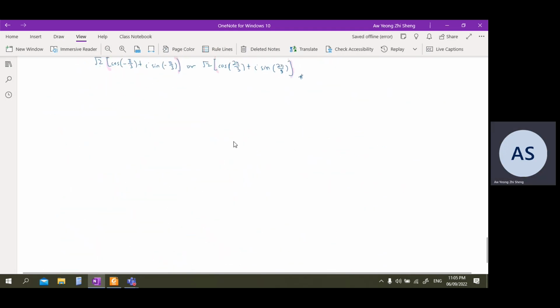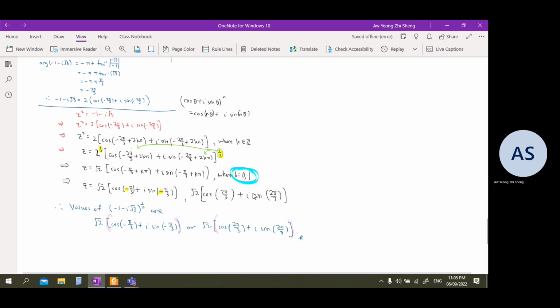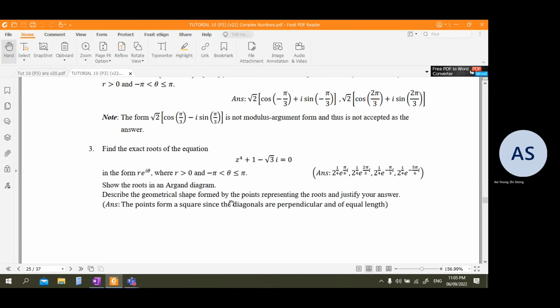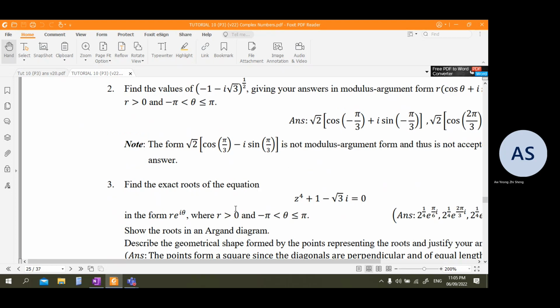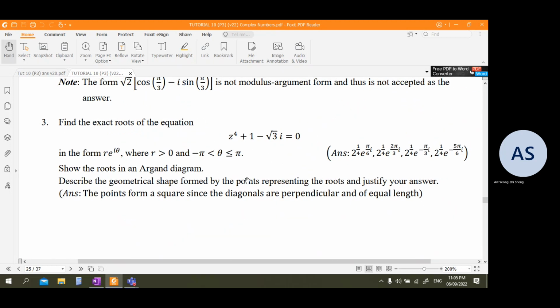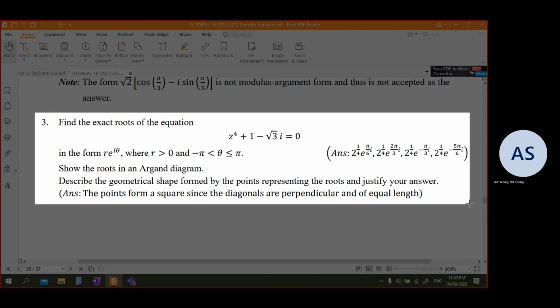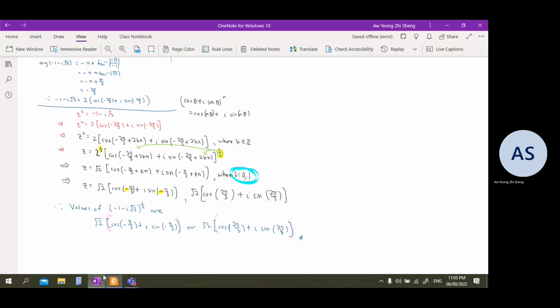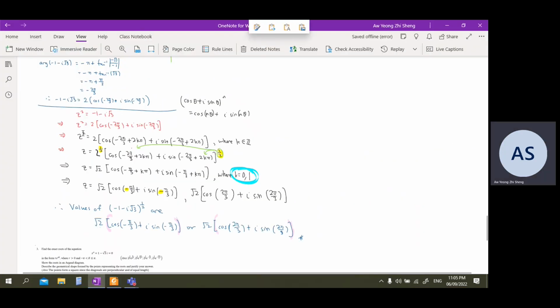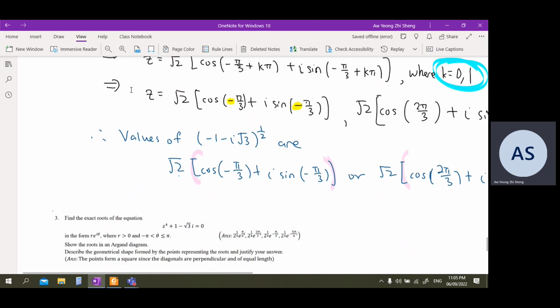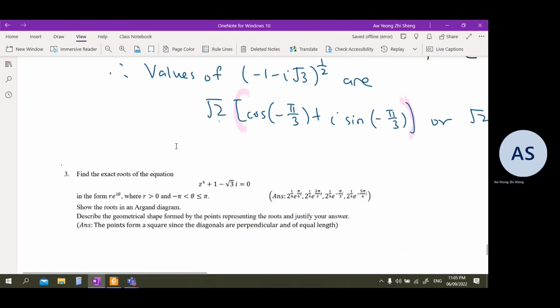Okay, now let me go back to question 3 of page 25, the last question on page 25. This is a more challenging question because it involves fourth roots.